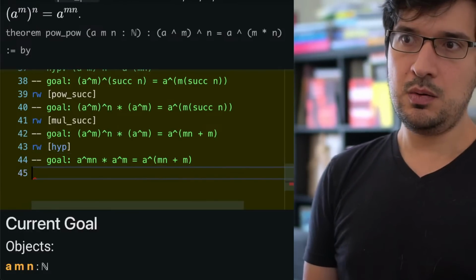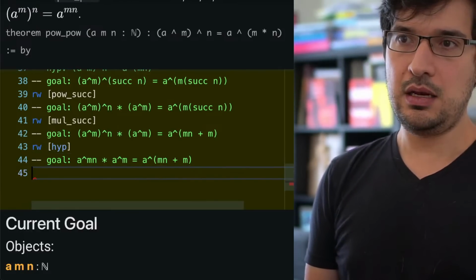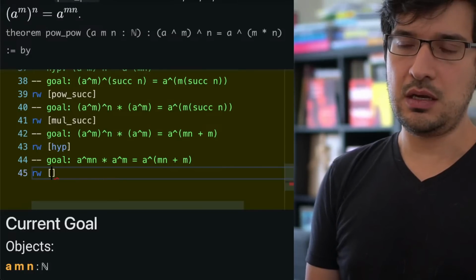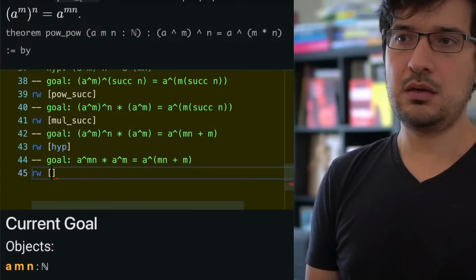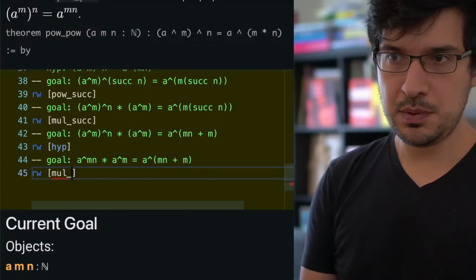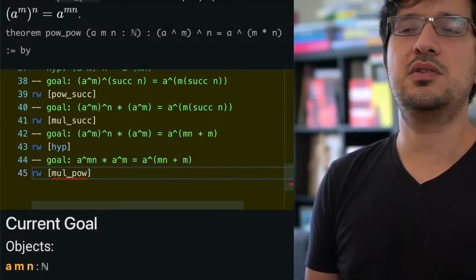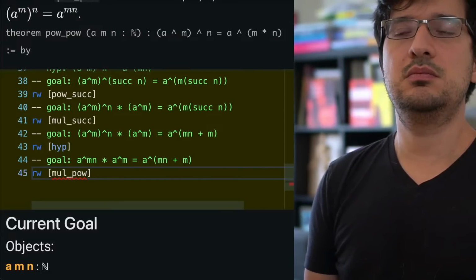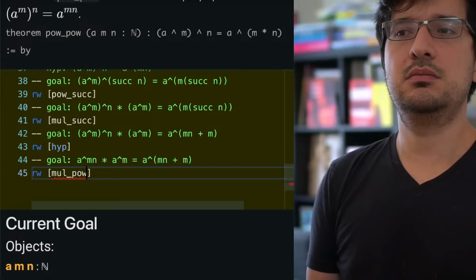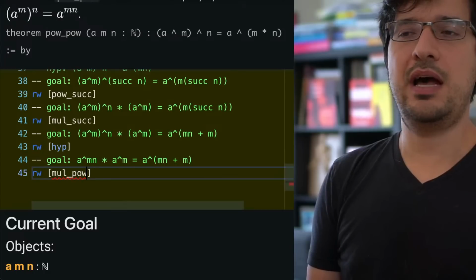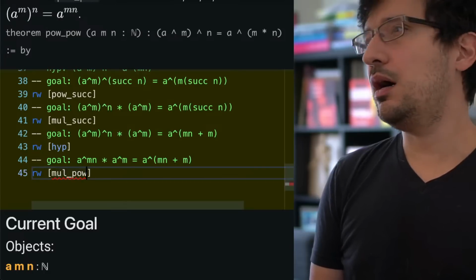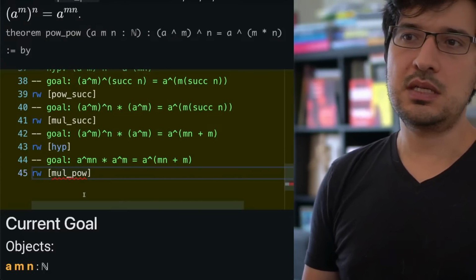And now we can rewrite using, I think, multiplying powers. Or is it pow mul? Or is it pow add? Pow. This doesn't seem to work.